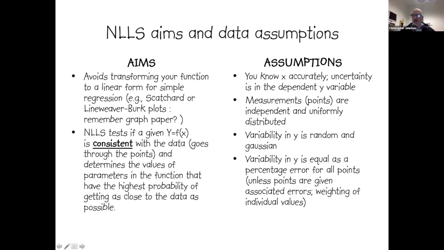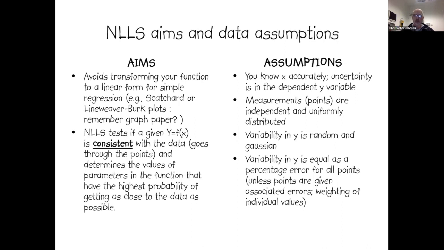The assumptions that we're making when we do nonlinear least squares fitting are less commonly thought about, and perhaps can cause us some problems. So one of them is that we know the X value accurately.